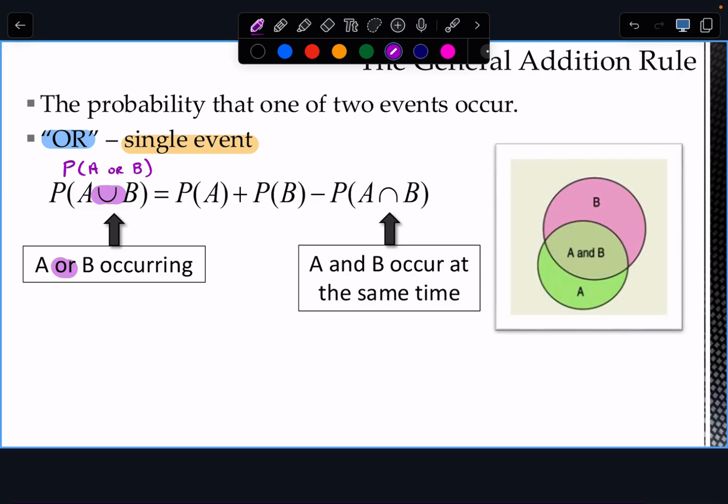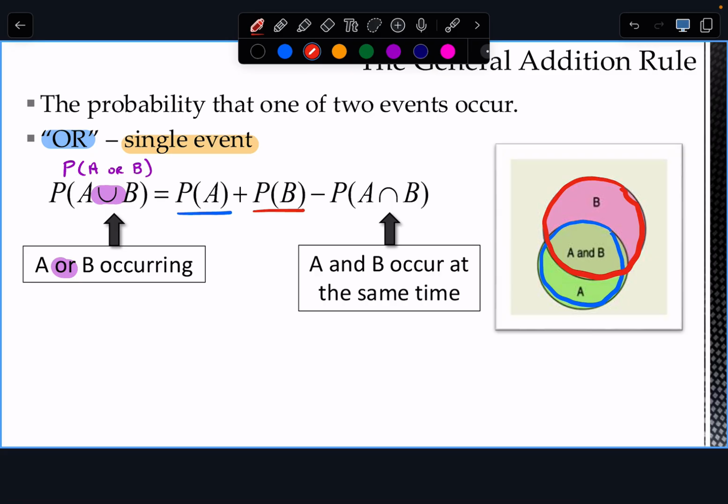If event A and event B are not disjoint, then the probability of A means I'm looking at the entire set of outcomes for A. And then when I put it together with the probability of B, I'm looking at the entire set of outcomes for B.